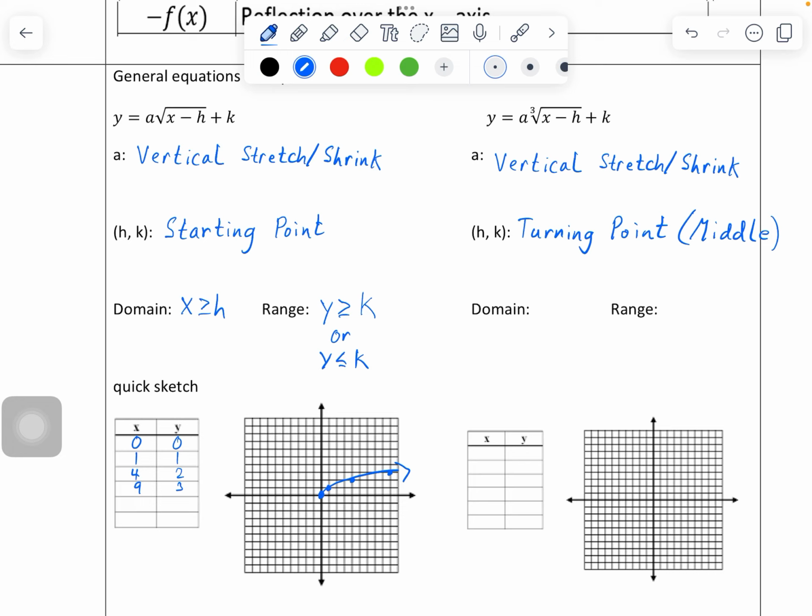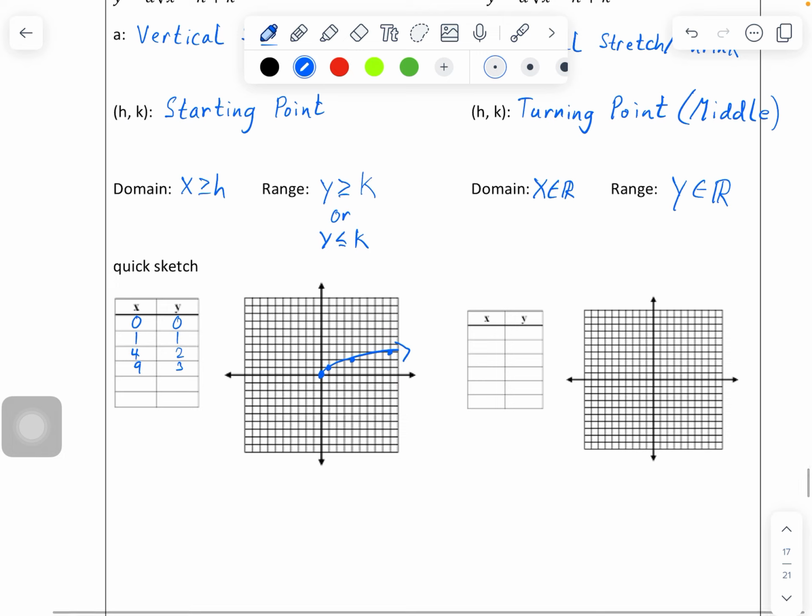So for the domain, it's all real numbers. We don't have to worry about that at all. And then our range is going to be y is an element of real numbers. And for every single cubic function that you do, your domain and your range are both going to be those answers. You have to be more considerate when you're talking about it for the square roots. So then the points we're going to use are the same ones we listed above, -8, -1, 0, 1, 8, and then -2, -1, 0, 1, 2.